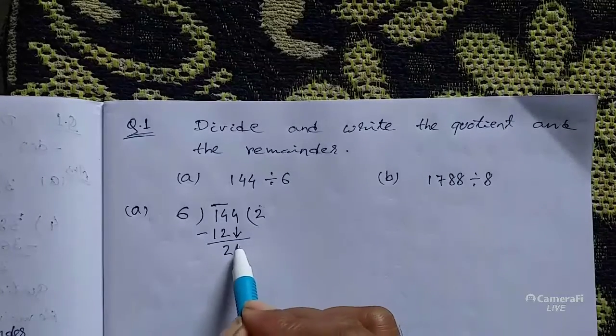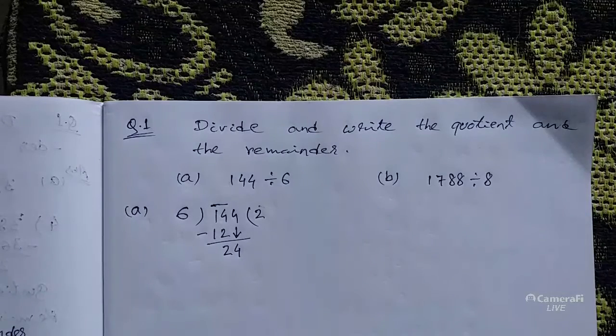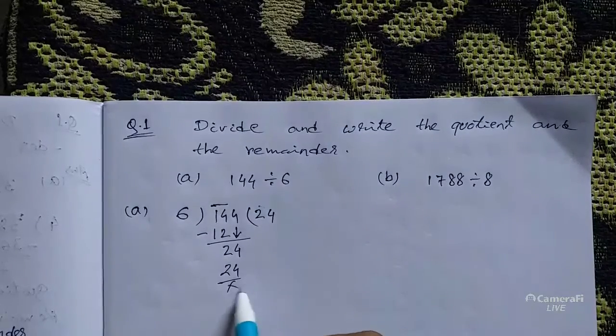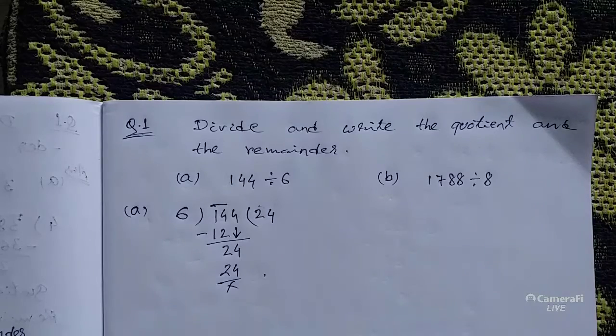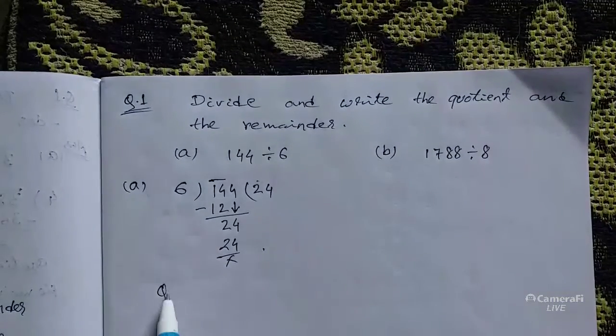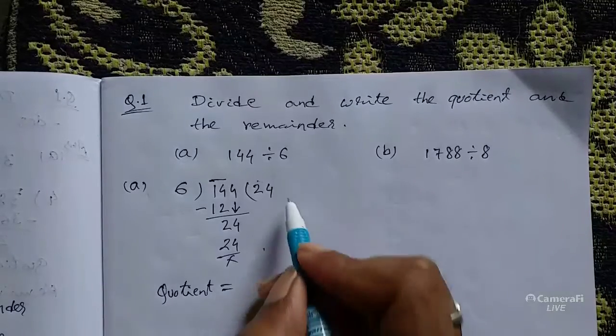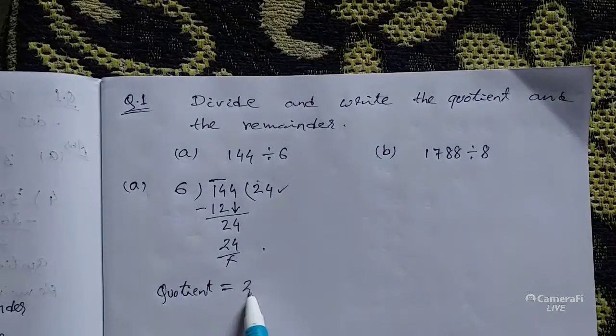Take the next digit 4. 24 is the number. Now we get 6 4 is 24 in the table of 6. And the division is completed here. So what is the quotient? Quotient is 24.